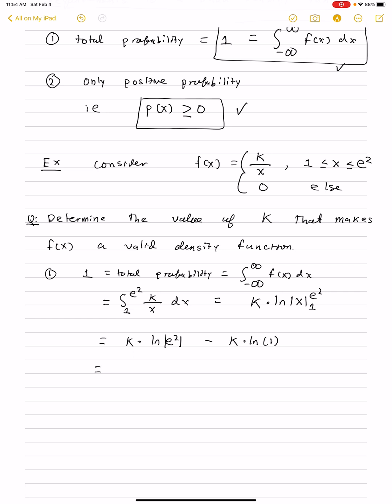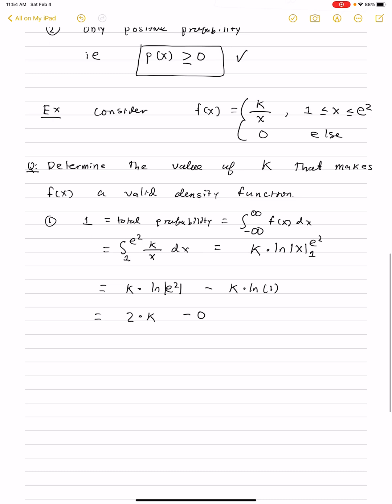The natural logarithm of e squared is 2, so that's 2 times k. The natural logarithm of 1 is 0. So what's the value of k? 1 is equal to 2k, and k is equal to 1/2.